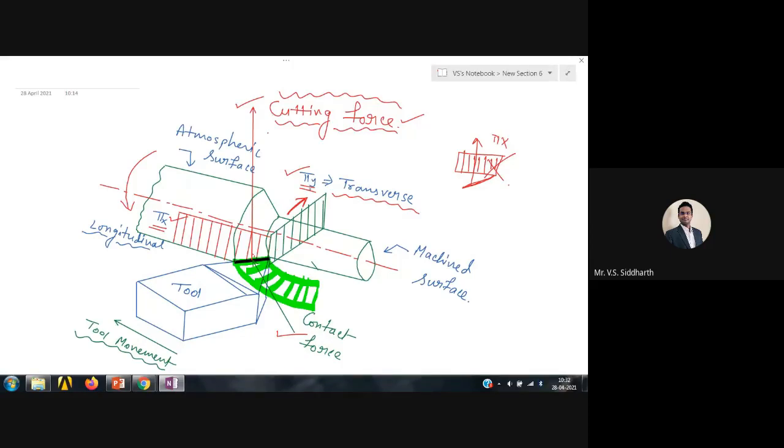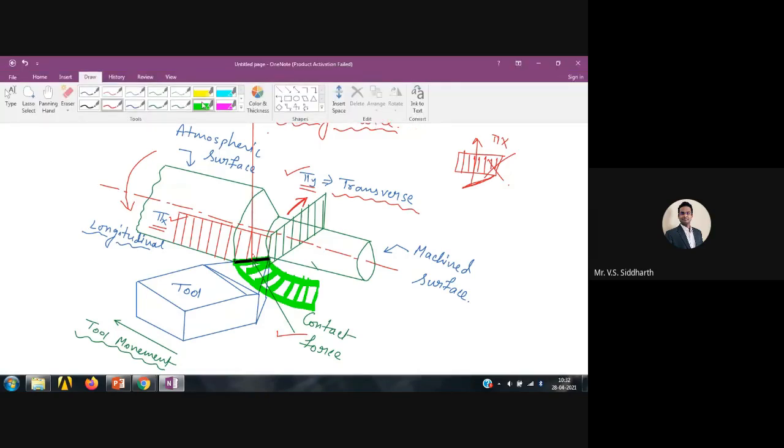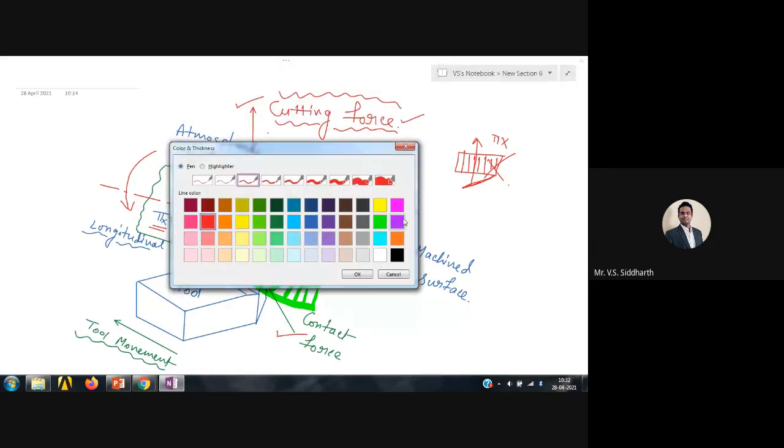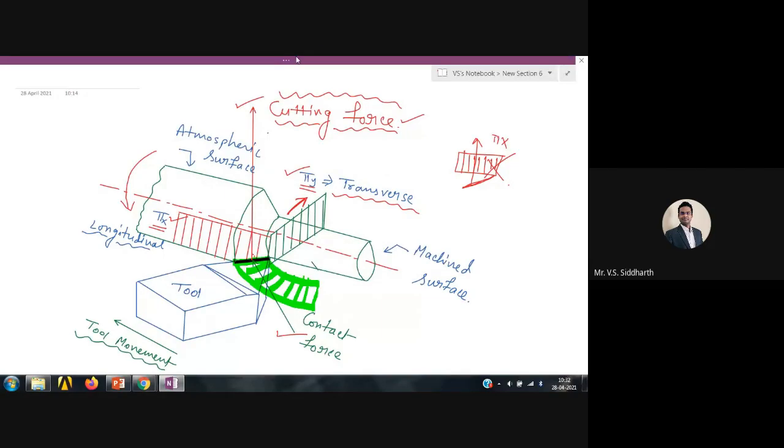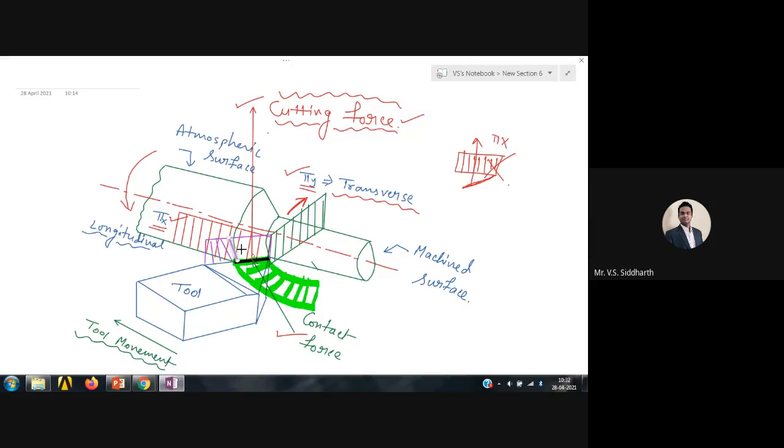What we will do is incorporate two different planes. One plane will be along the side cutting edge like this. This is one plane along the side cutting edge.